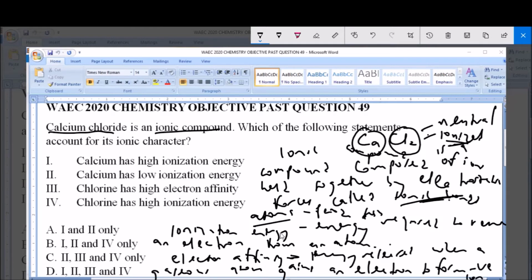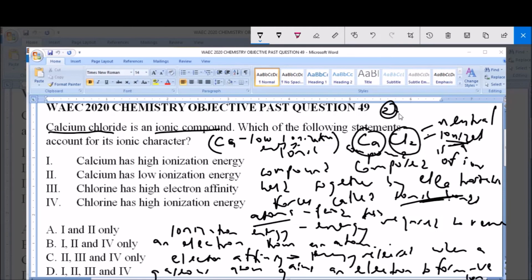So from these definitions, another important thing to note is that calcium has a low ionization energy because you require less energy to remove an electron from calcium. Calcium has only 2 valence electrons, so you require less energy to remove the valence electrons.